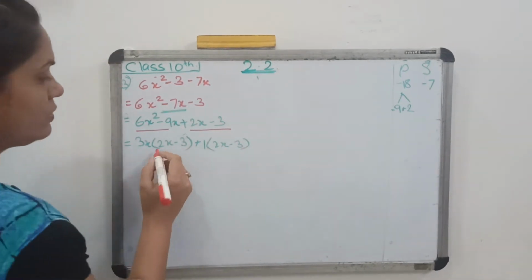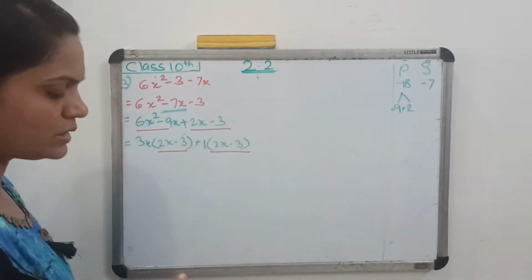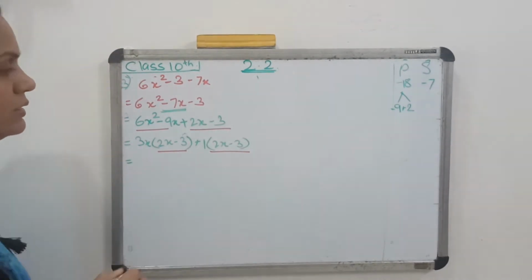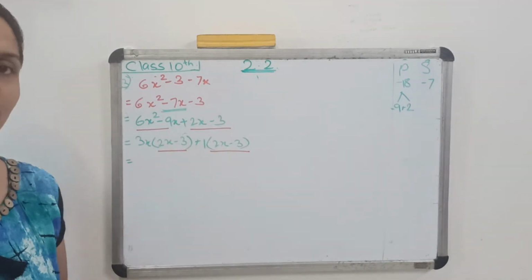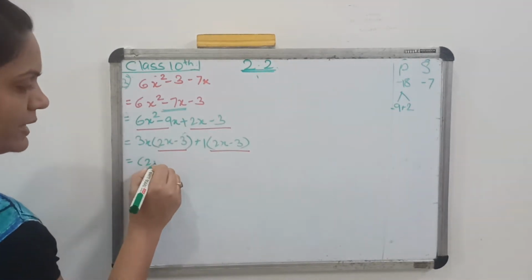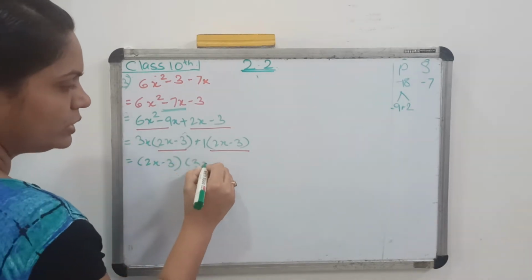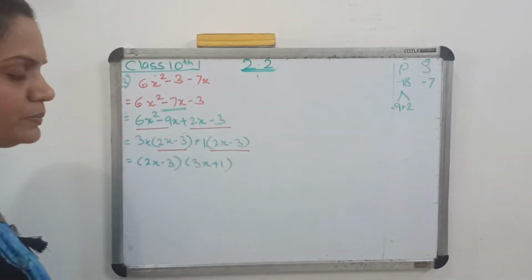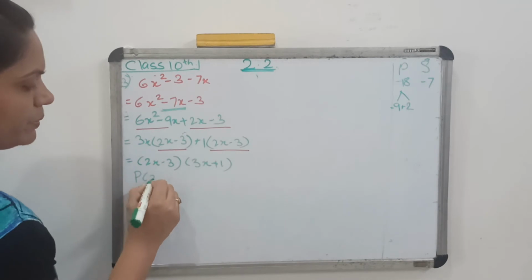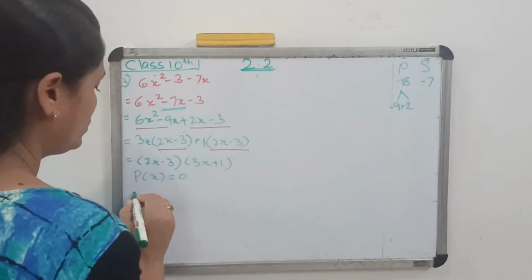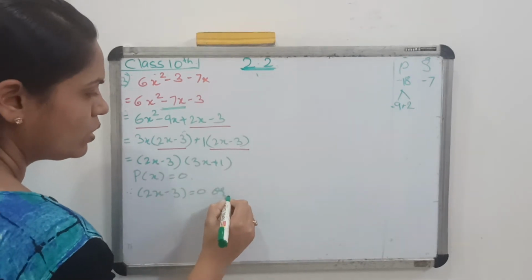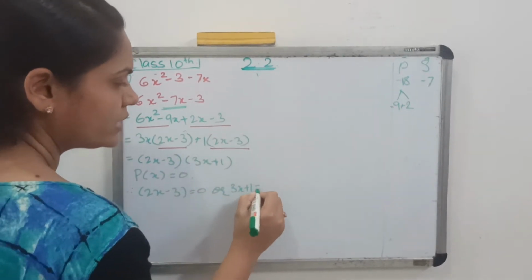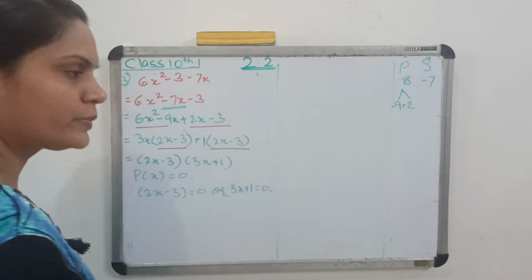See, when all your roots and the signs are correct, you will automatically get this common factor. 2x minus 3 and 3x plus 1. For roots, p of x is equals to 0. Therefore, 2x minus 3 is equals to 0, or 3x plus 1 is equals to 0.